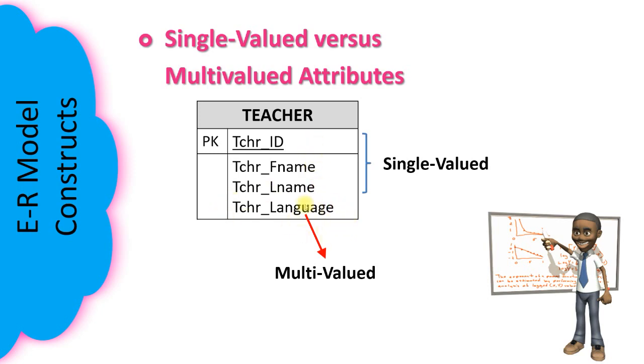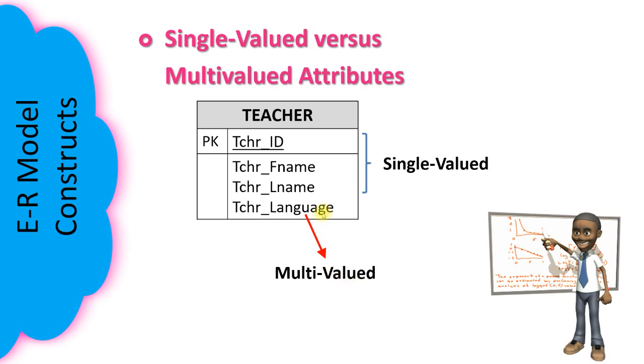But here we have language. Language is not a single valued attribute. Why? Because an instance, such as Ali, is a teacher who may be able to speak more than one language.